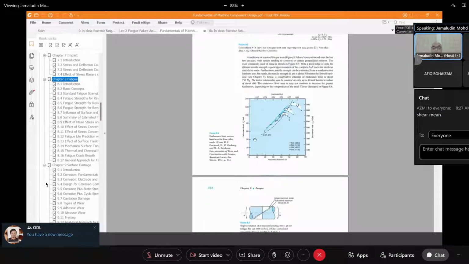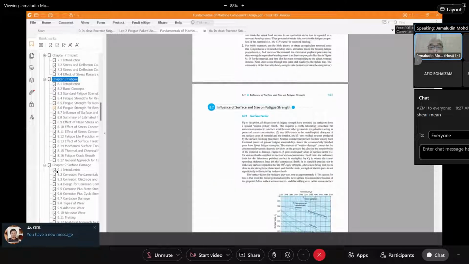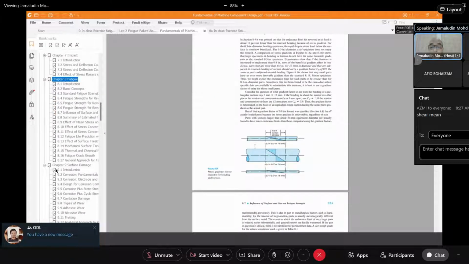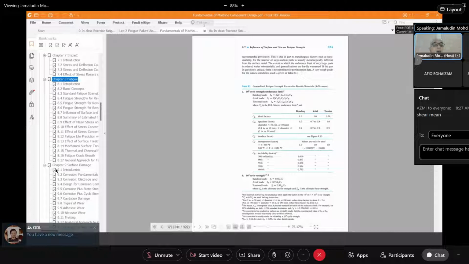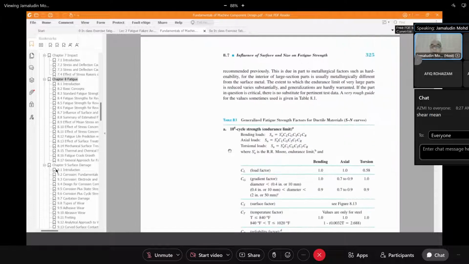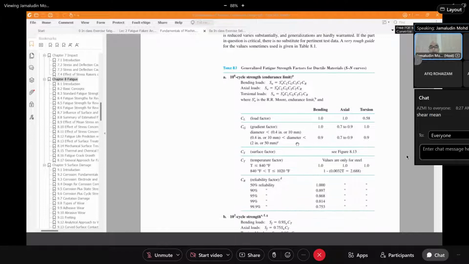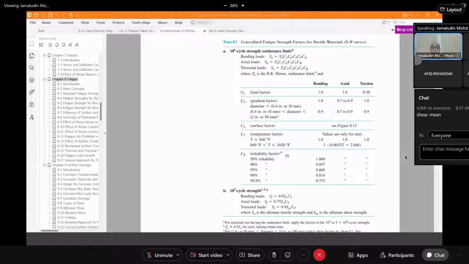All right, figure 8 dash 1. Is it table or figure? Table 8 dash 1. Okay, refer to this one. Let me make it a bit larger. When you have this table 8.1, if the value is not given, you can assume it's equal to 1.